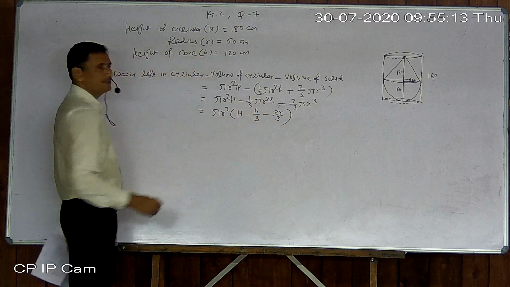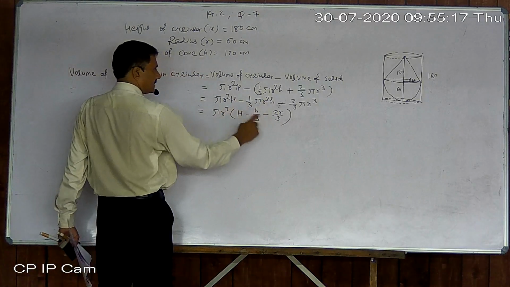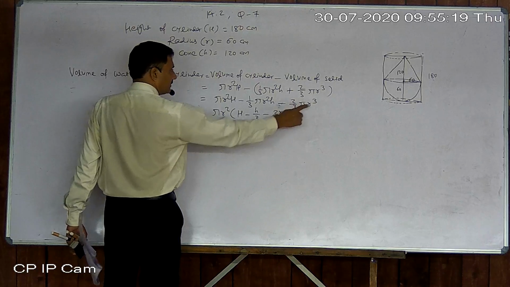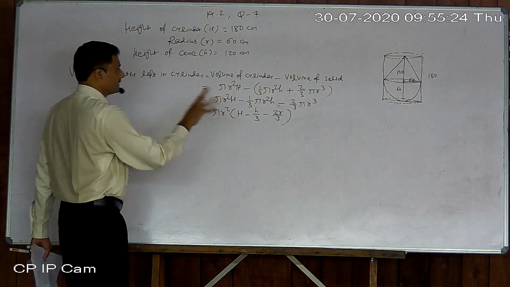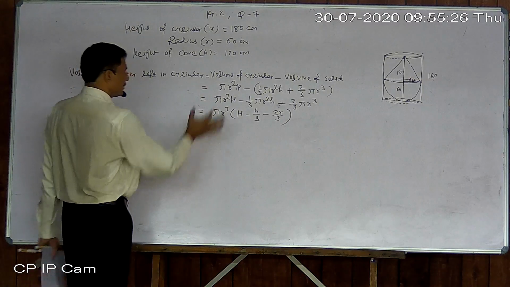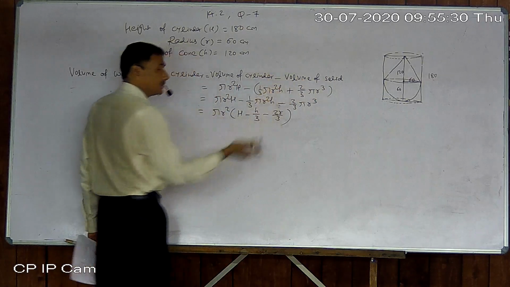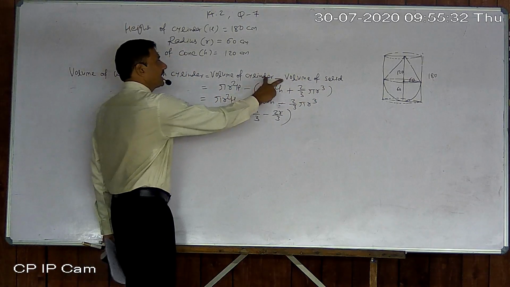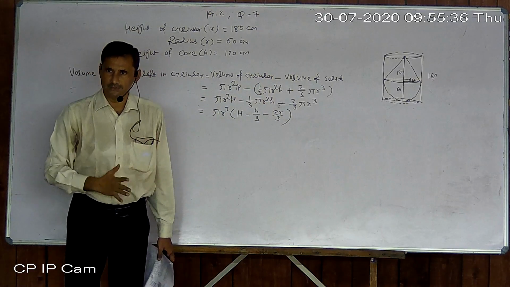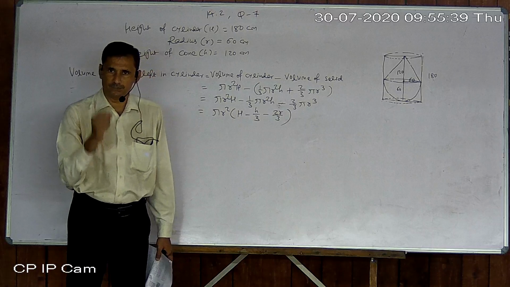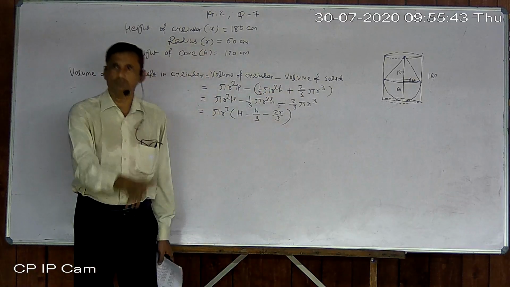Look carefully: coefficient 1 by 3 with h left, and here 2 by 3 with r left. Now place our values, so in a single step we can get the answer. Otherwise, you can first find the volume of cylinder, then the volume of solid, then take the difference of both, so in three steps also you can solve this sum.